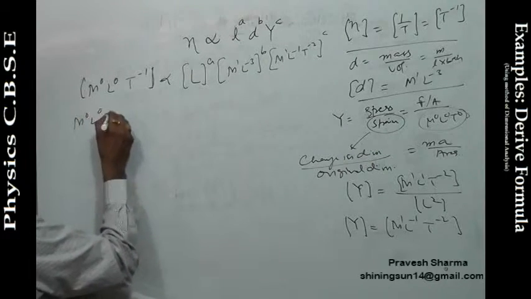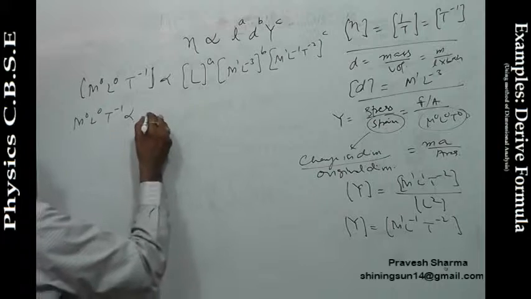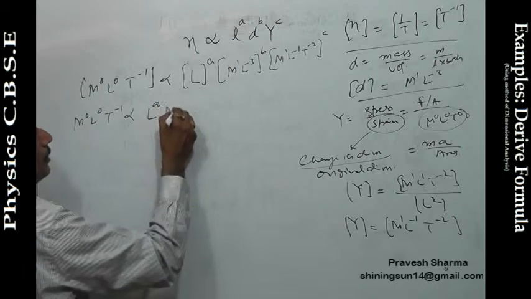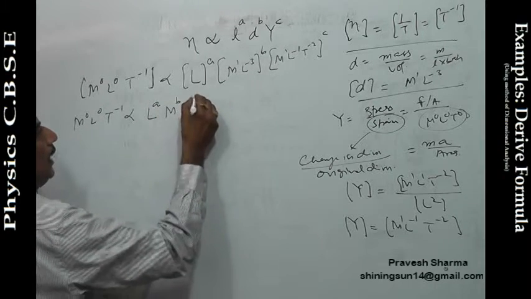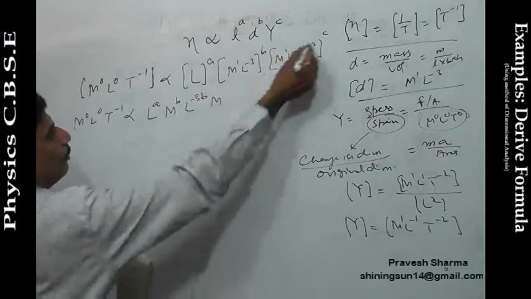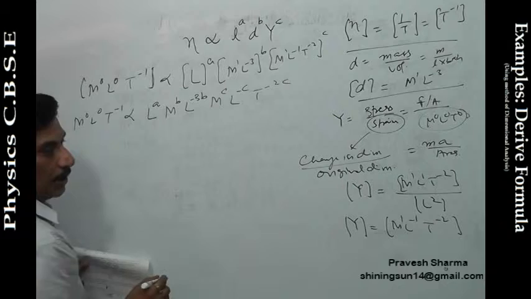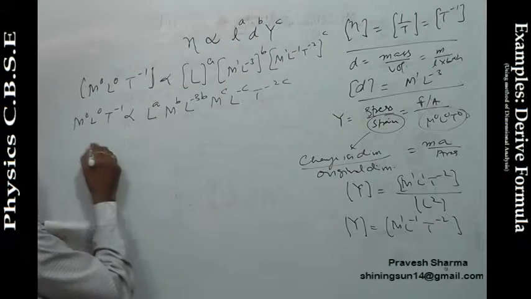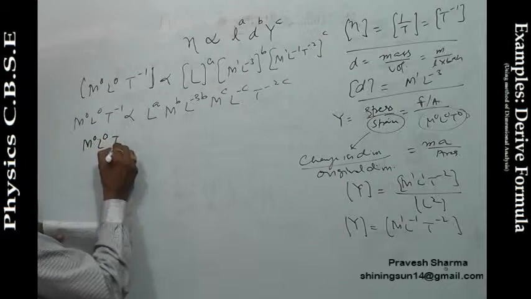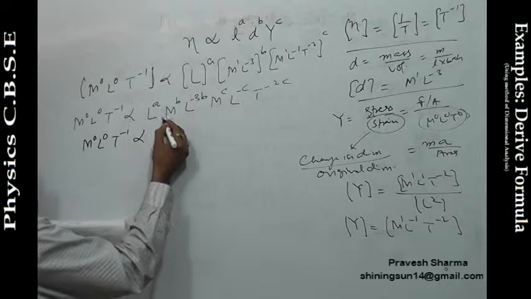So M0 L0 T minus 1 is proportional to L to the power A, M to the power B, L to the power minus 3B, M to the power C, L to the power minus C, T to the power minus 2C.